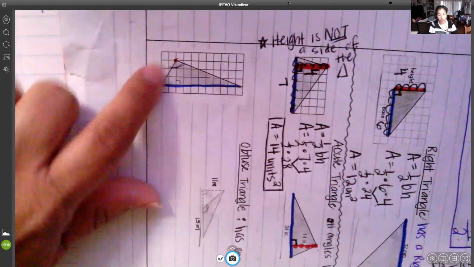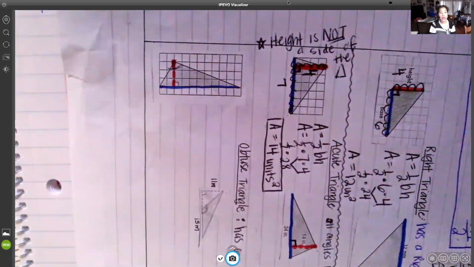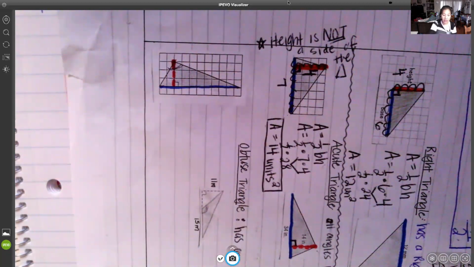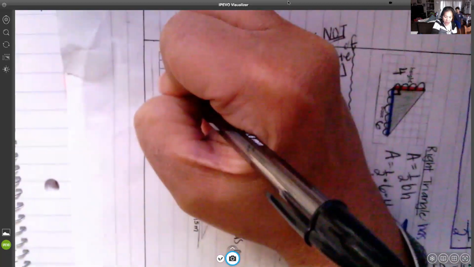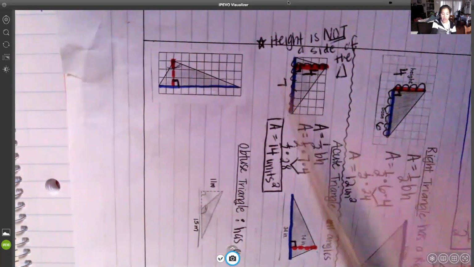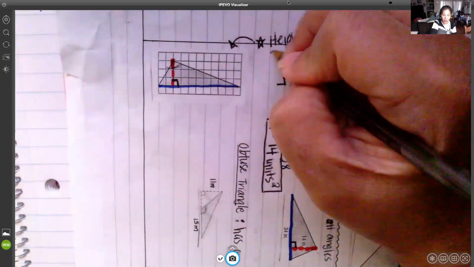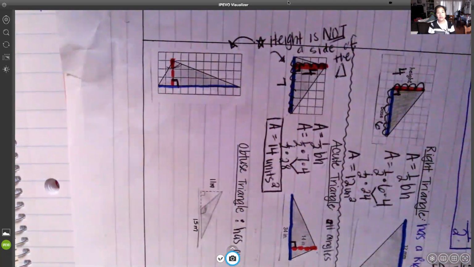It has to be dropped down straight, at a 90-degree angle to the base, which it does, and that creates the 90-degree angle here. That is the height. So again, it's not one of the sides. Okay?